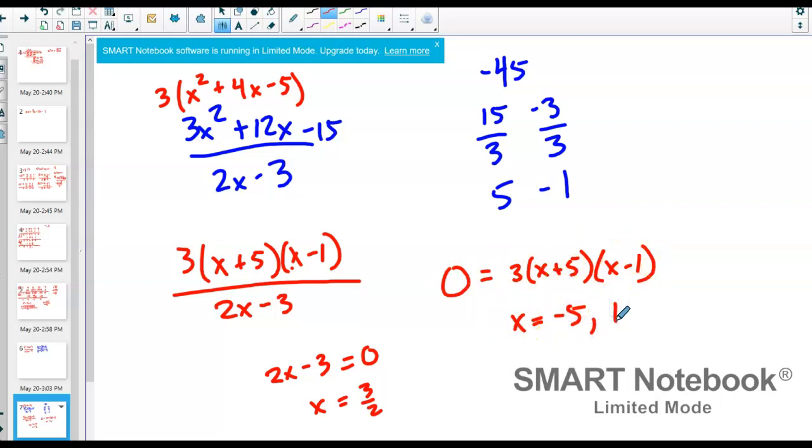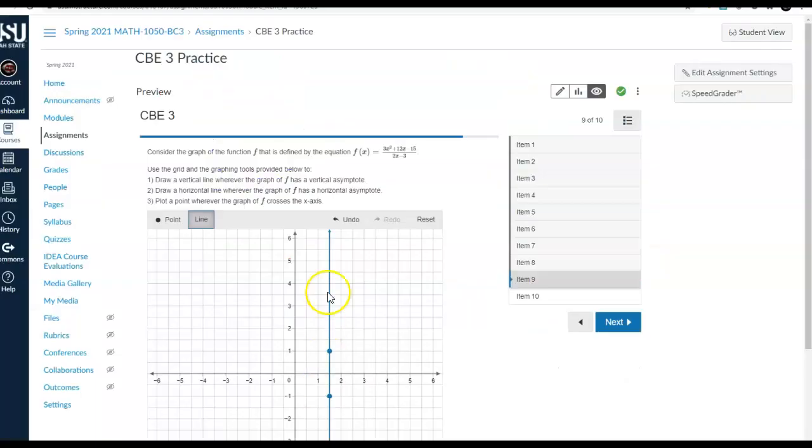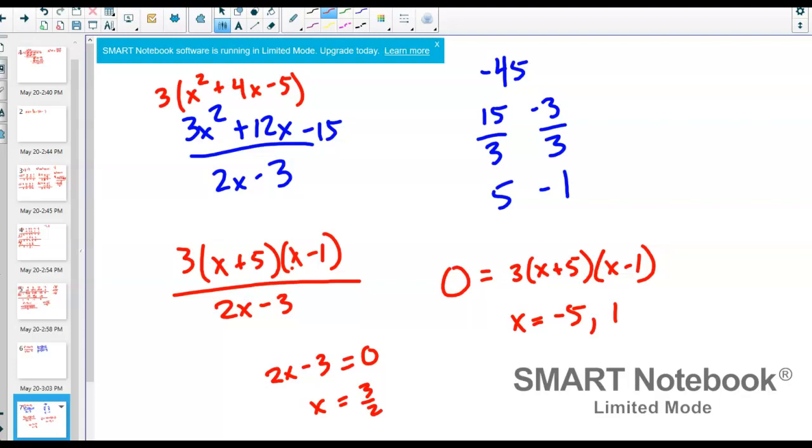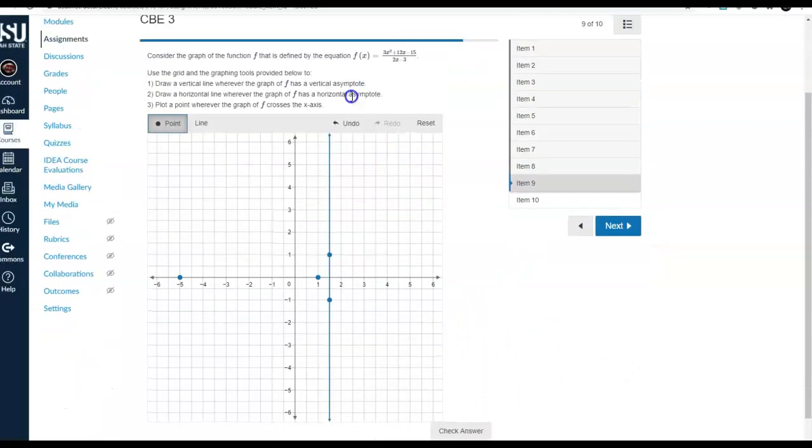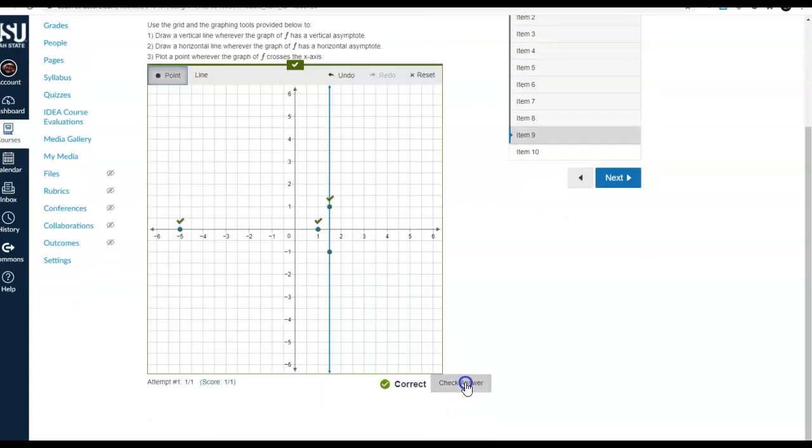So negative 5 and 1 would be where it crosses my x-axis. So I'm just going to do a point for that, negative 5 and 1. Correct? Make sure I got it, negative 5 and 1 here. Okay.